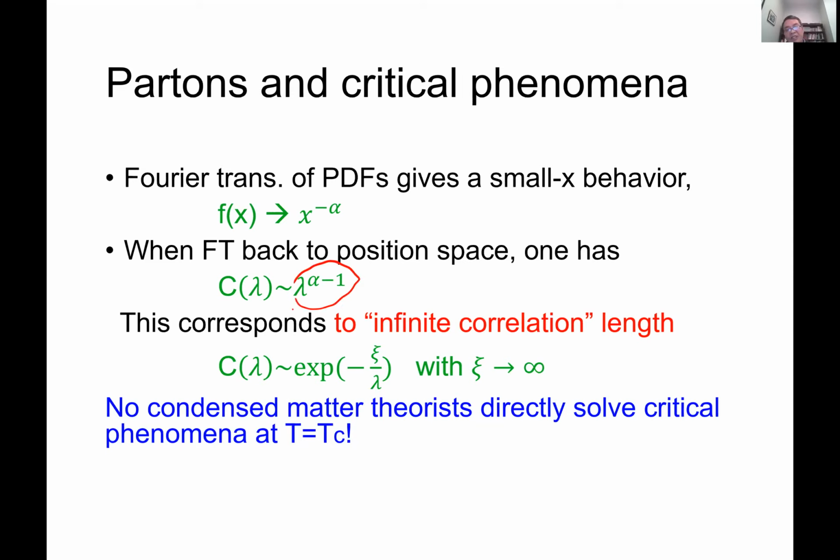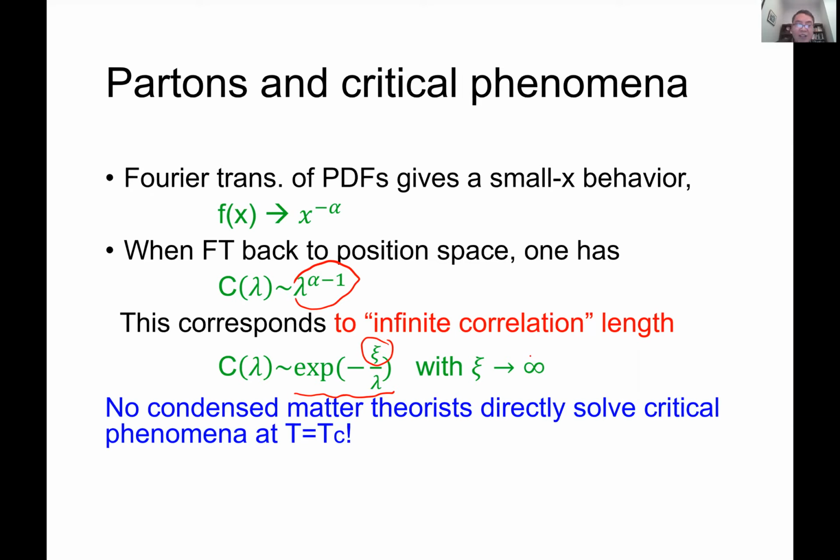So this is an algebraic correlation. In other words, when lambda gets very large, it does not decay exponentially, whereas for any normal many-body system, the correlation function should go like an exponential, with a correlation length.